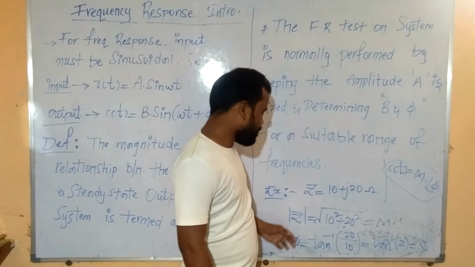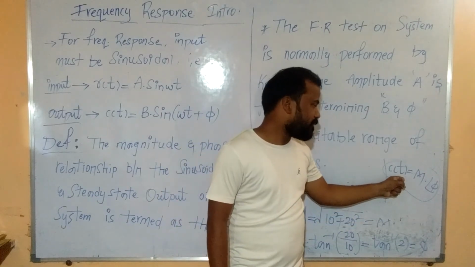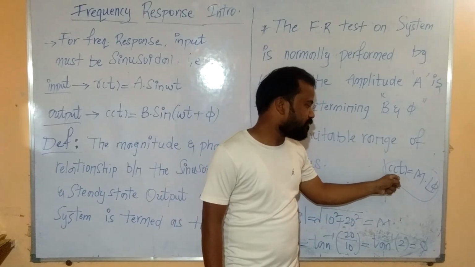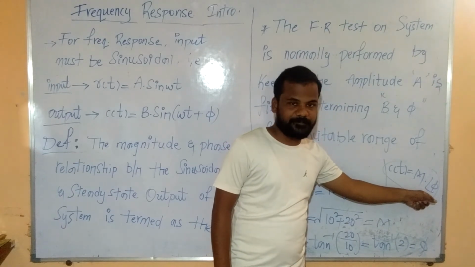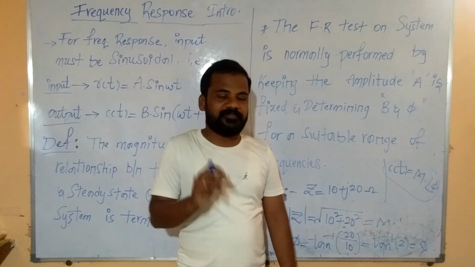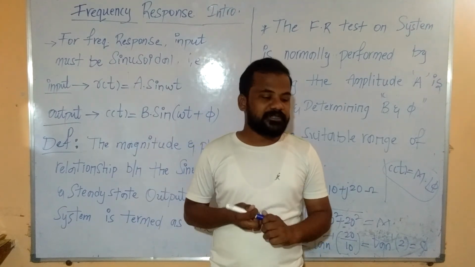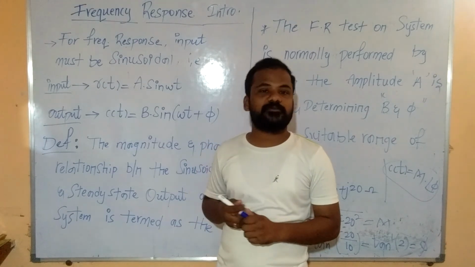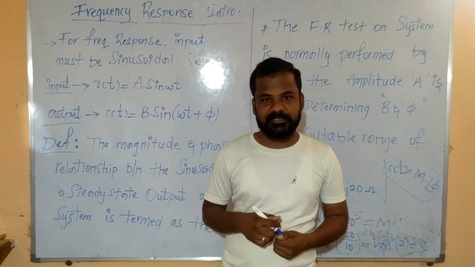After getting the phase angle and the magnitude, write down the output in the form c of t is equal to M into angle phi. So this is the simple procedure we need to follow whenever we study frequency response. In the next class I am going to discuss the advantages and disadvantages of frequency response analysis. Thank you so much.